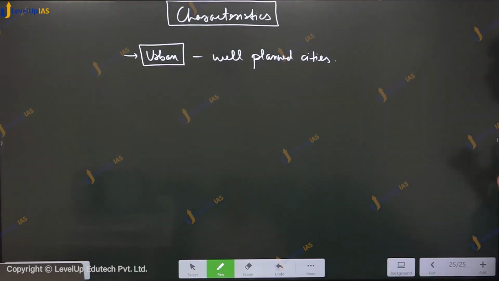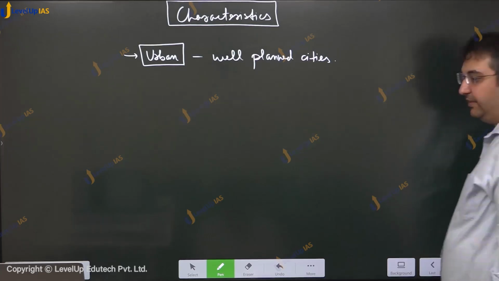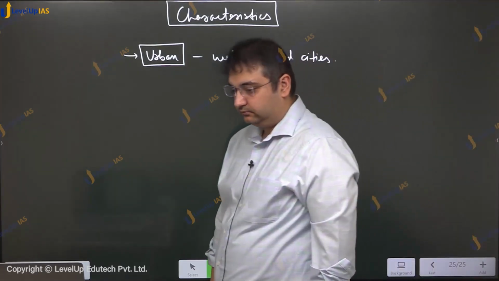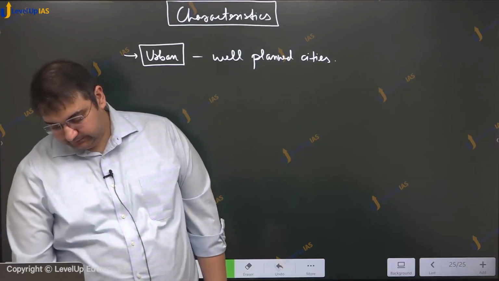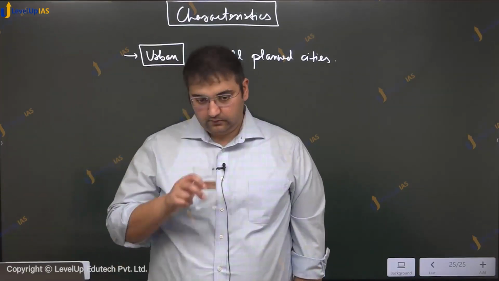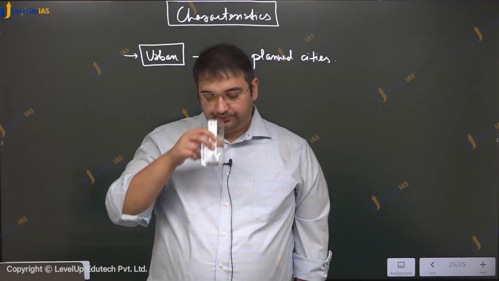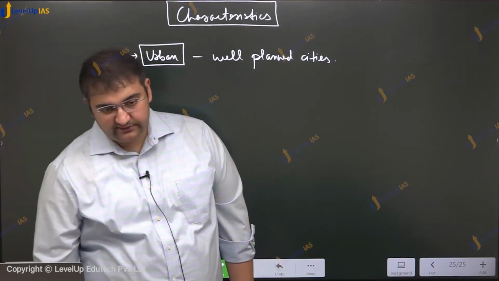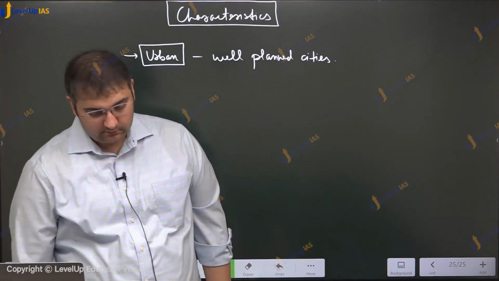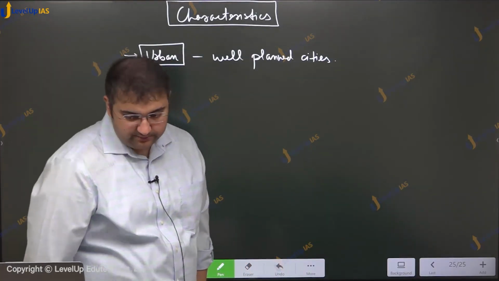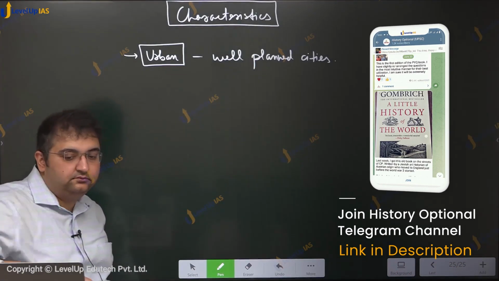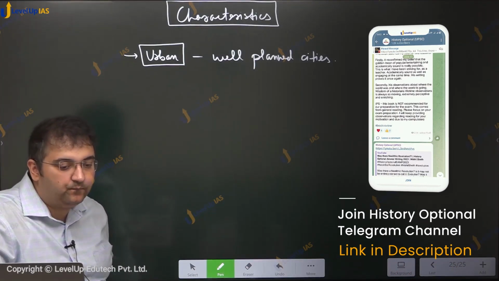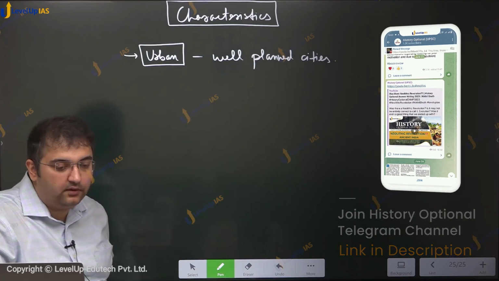तो पहला point लिखो, पहला characteristic. The Harappan civilization represented the first phase of urbanization in India. Full stop.